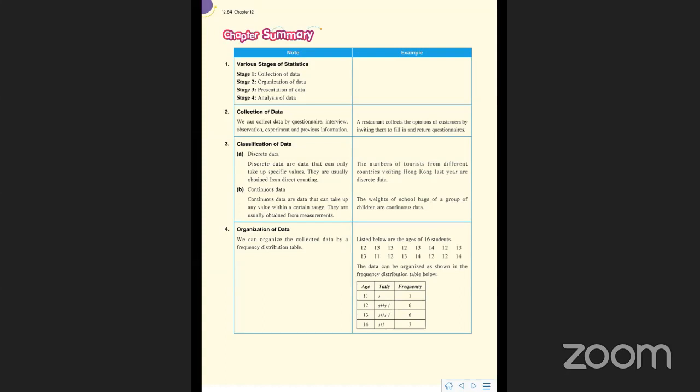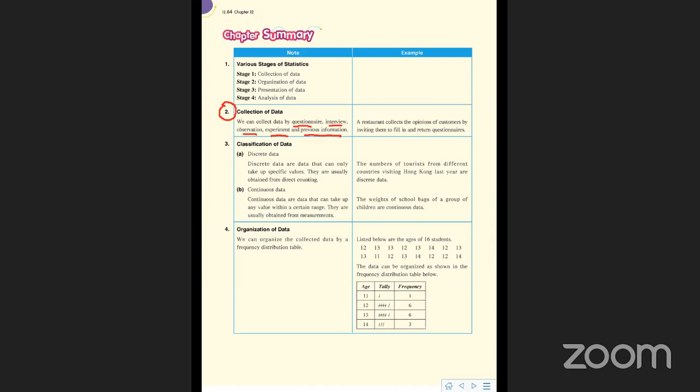Now, for example, this part, you must know these 5 methods. It means when you are asked to collect data, you can usually collect data by asking people to fill in a questionnaire, by interviewing people, or you can do the observation yourself.